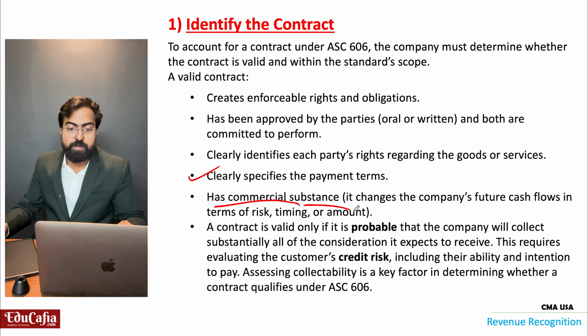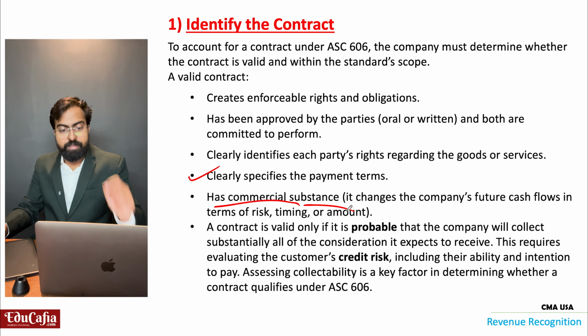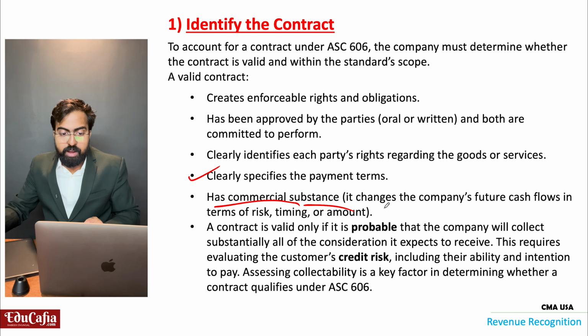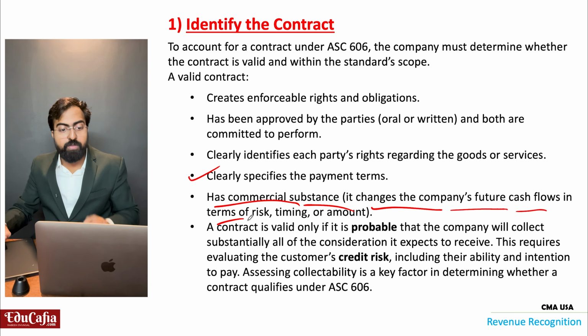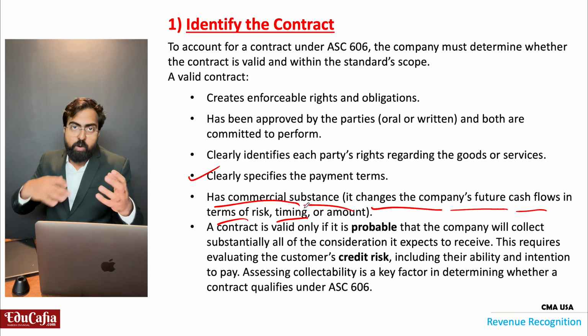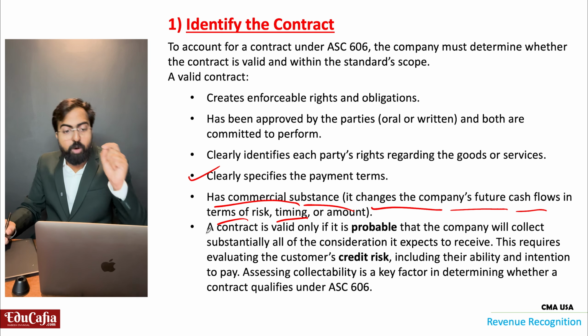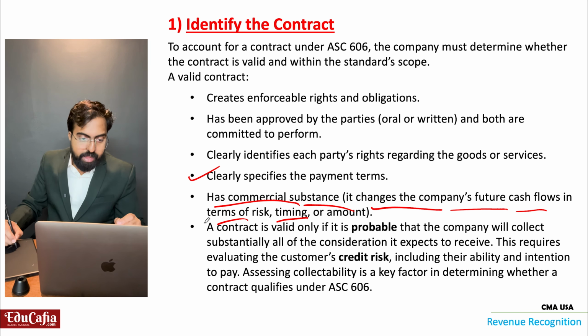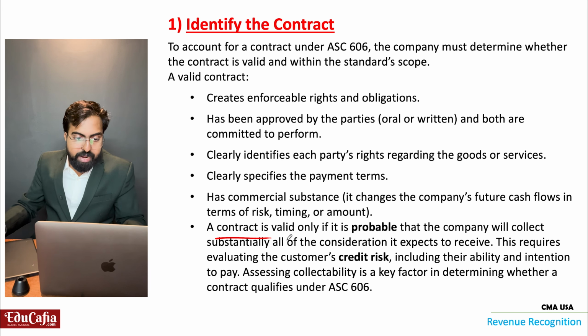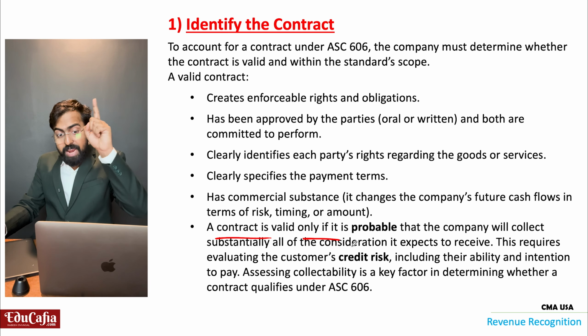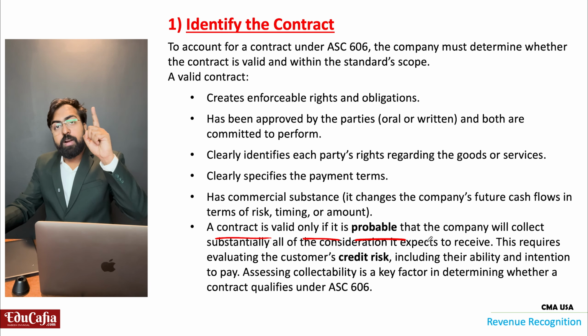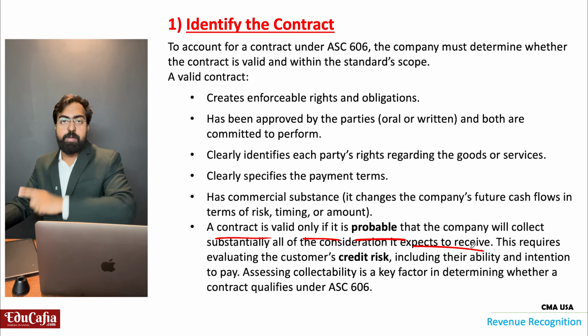It has commercial substance. Commercial substance means it changes the company's future cash flow in terms of risk and timing. The amount will change. That is called commercial substance. Next, a contract is valid only if it is probable that the company will get the payment.